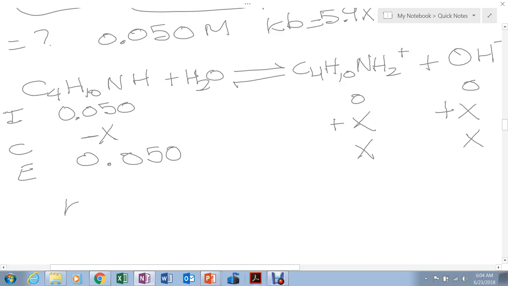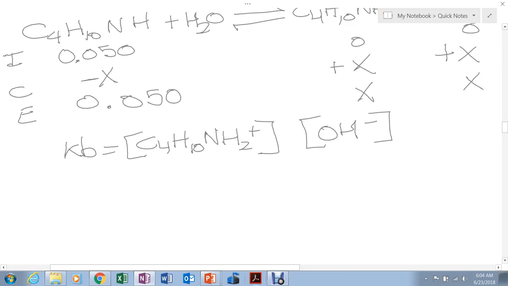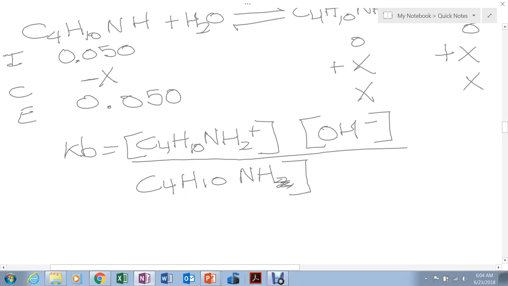So it's Kb. Let me write it, because the Kb is different, but it's the same thing as the acid: C4H10NH2 plus multiplied by the OH divided by the base, diethylamine, C4H10NH.